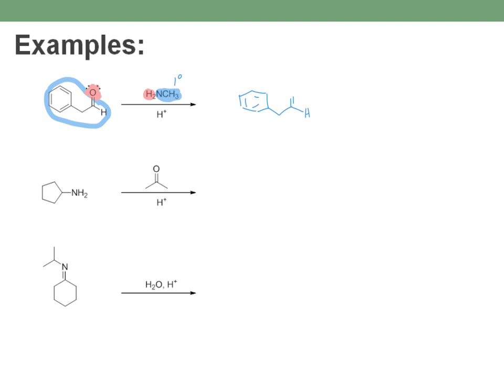So that imine, that nitrogen, and whatever its group was, in this case I had a CH3, so I'm going to draw a CH3. I'm going to draw that piece there. So I erase the O, and I put the nitrogen with whatever its R group was in its place.